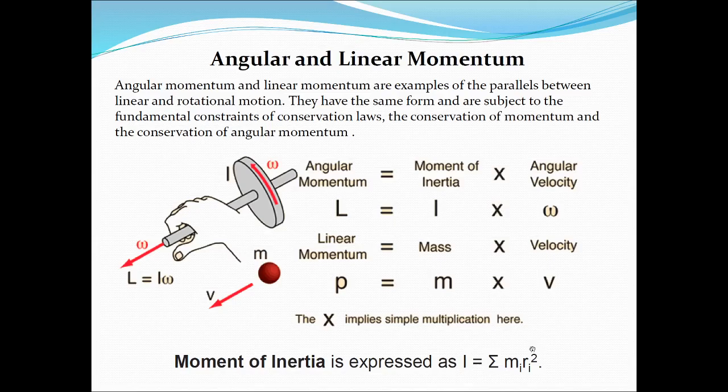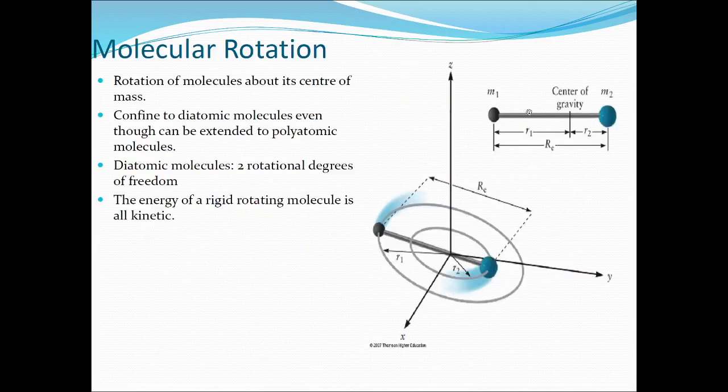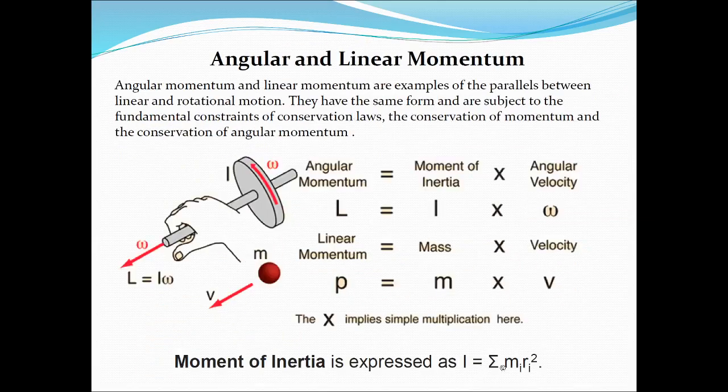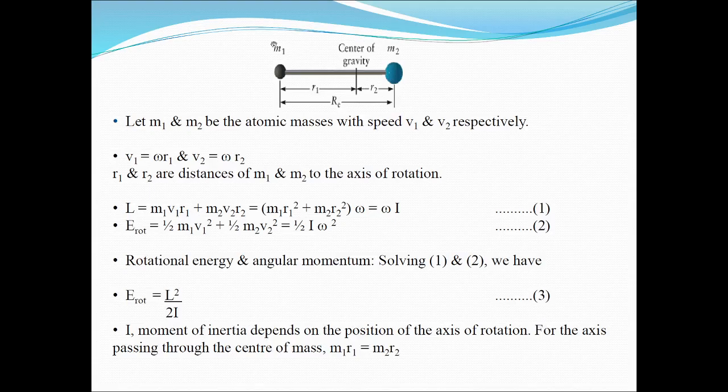For example, I is equal to mass m1 times radius r1, squared. Please don't forget the square. Next, I have copied the figure so you can see it more clearly.